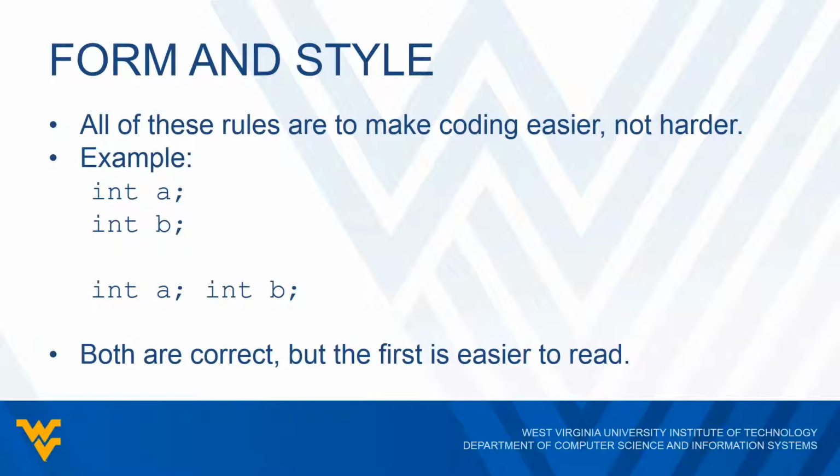So normally if you're going to have multiple declaration statements, you would do one declaration statement per line. If we wanted to declare a and b on the same line, you would use commas. So we would do something like int a, comma, b, semicolon, if we wanted to declare them both in the same line. But the first line is a lot easier to read than the second one.